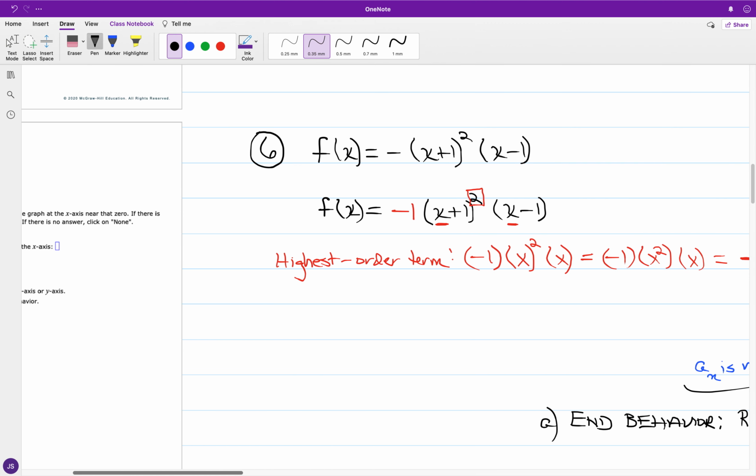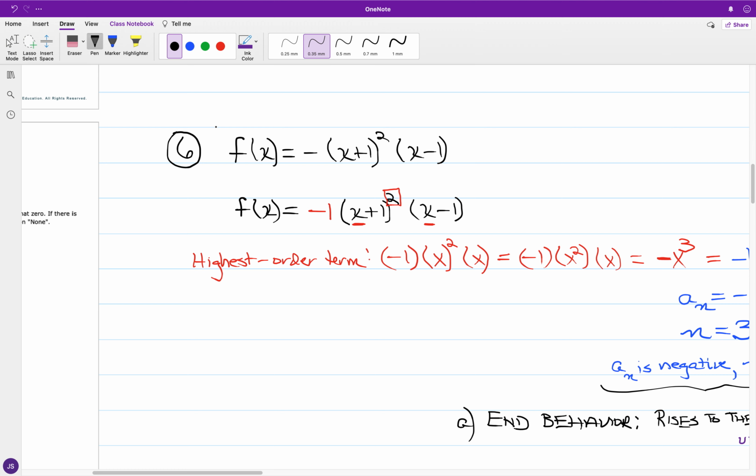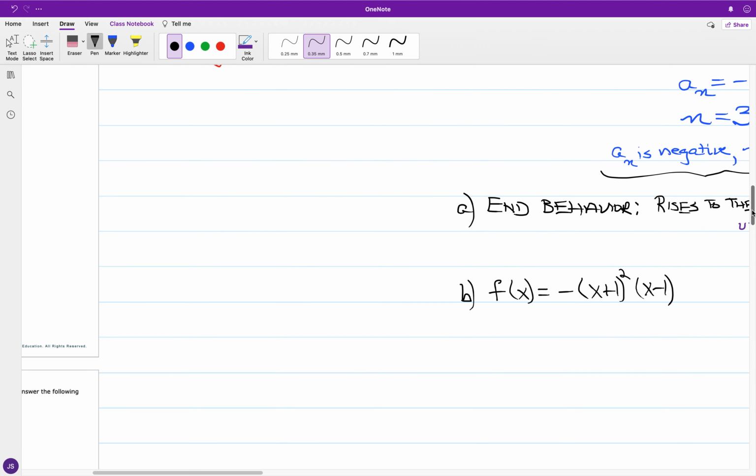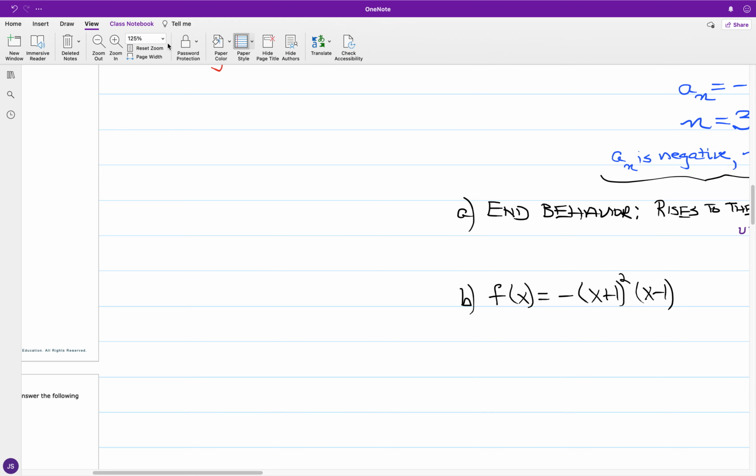So going back to our function, you have the negative of the square of x plus 1 times the quantity of x minus 1.